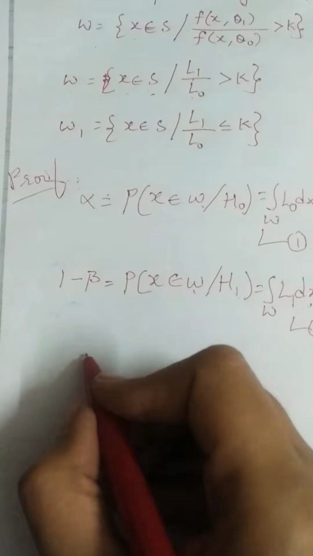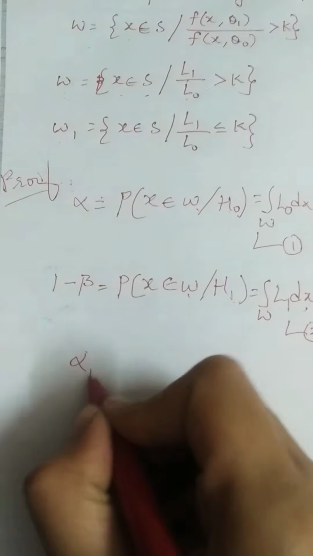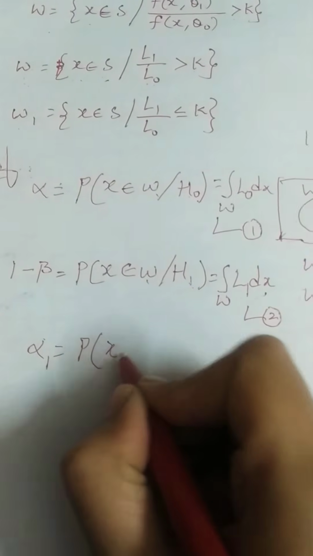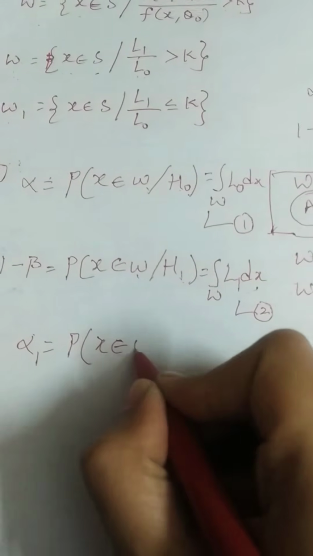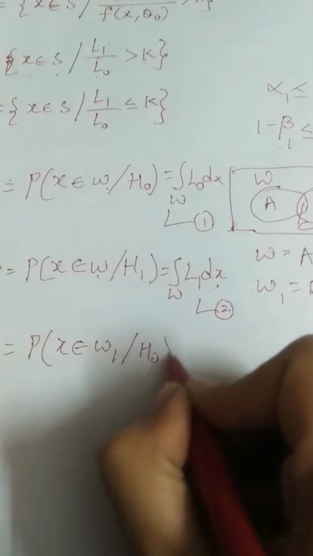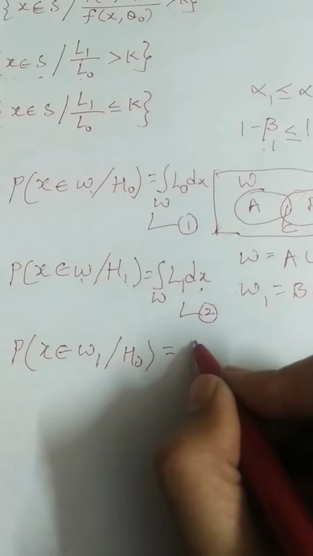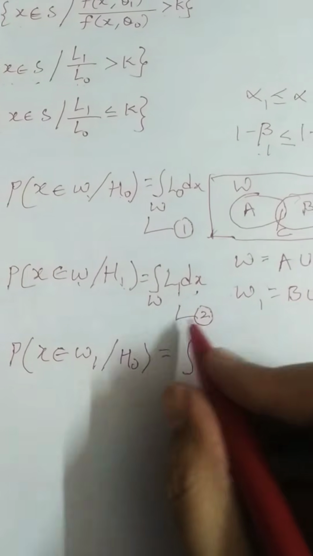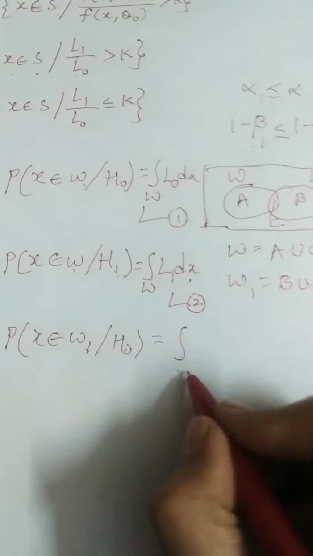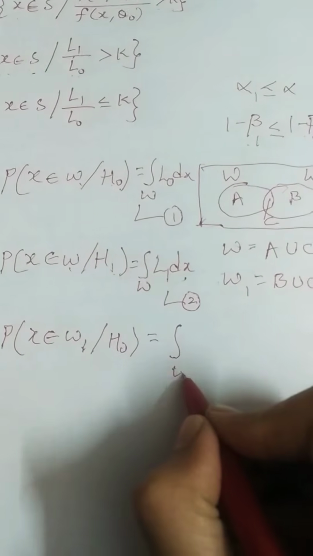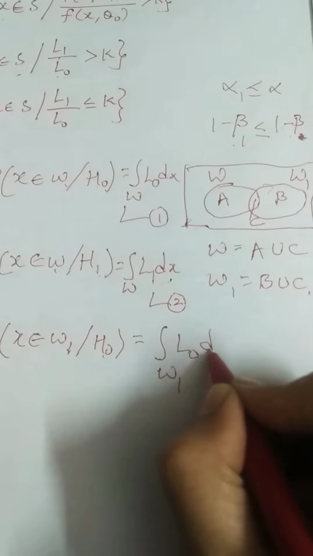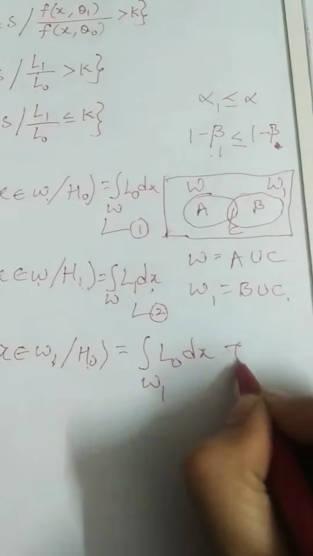Then again students, alpha 1 is P of x belongs to omega 1 given h naught. These are likelihood functions. It is the integral over omega 1 of L naught dx. This is equation 3.